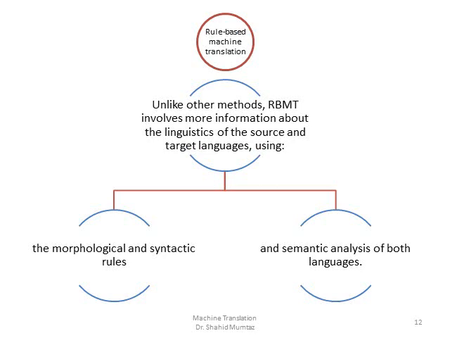Unlike other methods, rule-based machine translation involves more linguistic information about both the source and the target languages, using the morphological and syntactic rules and semantic analysis of both languages.